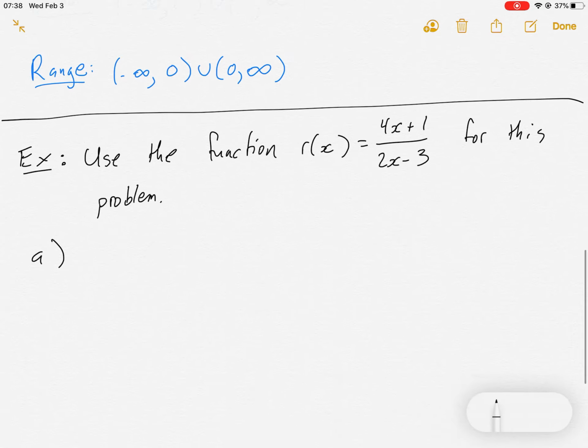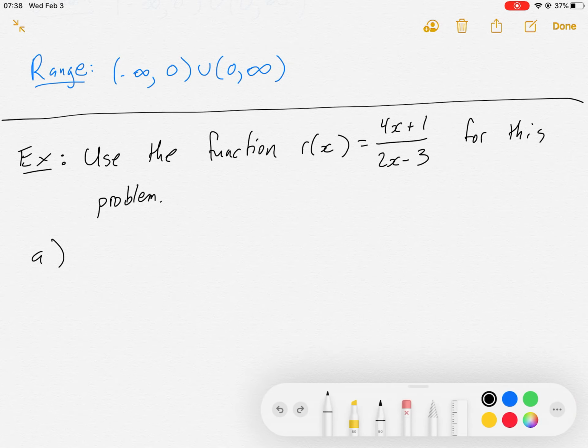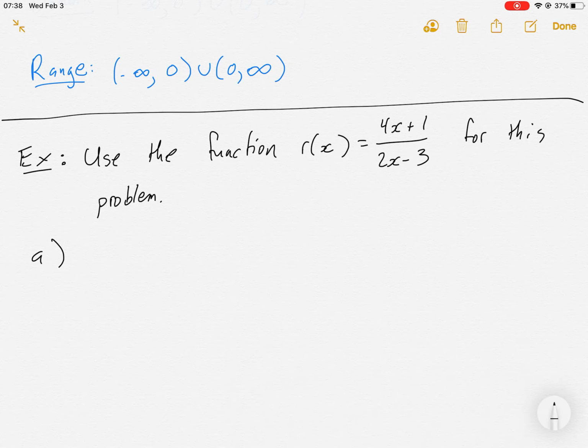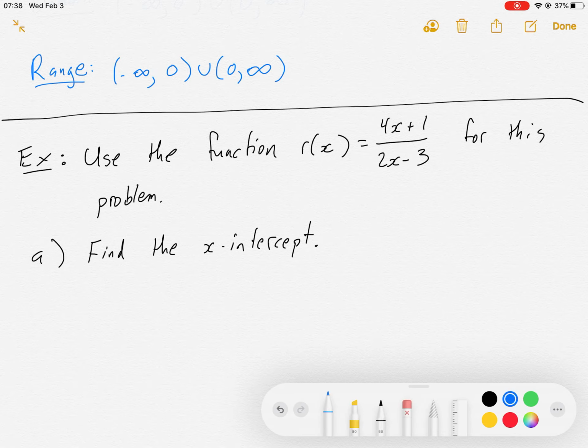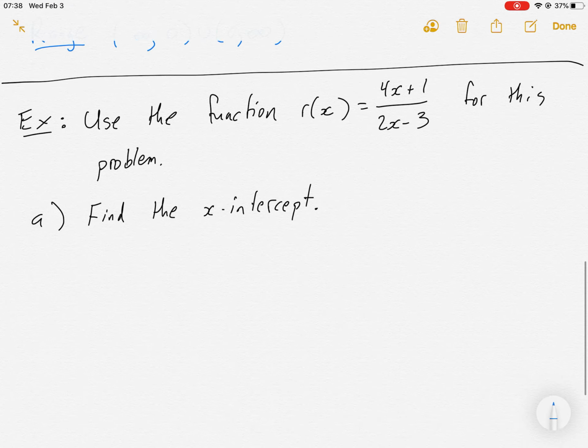So the first step that I want to take here is I want to identify the intercepts. And let's go with the x-intercept first. Now, something I want you to keep in mind no matter what function you look at, it could be a trig function, it could be exponential, it could be logarithmic, it could be anything.